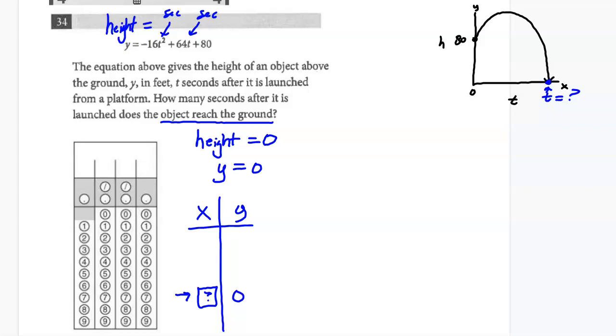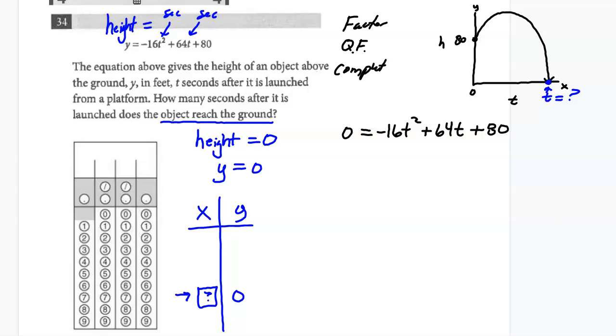So here we go. I'm going to solve it for y equals 0. So I have 0 equals -16t squared plus 64t plus 80. When solving a quadratic, my number one choice is always to factor. You could use the quadratic formula, which we've used earlier in this test, or some people like to complete the square.